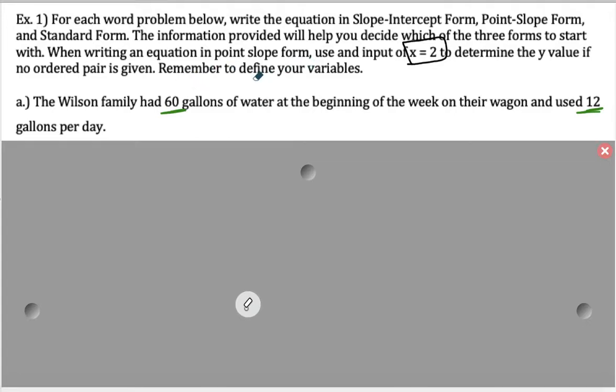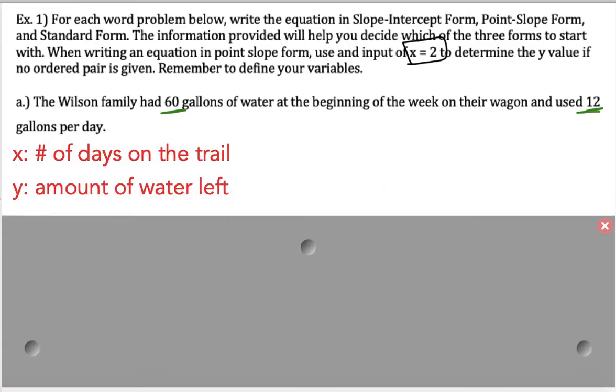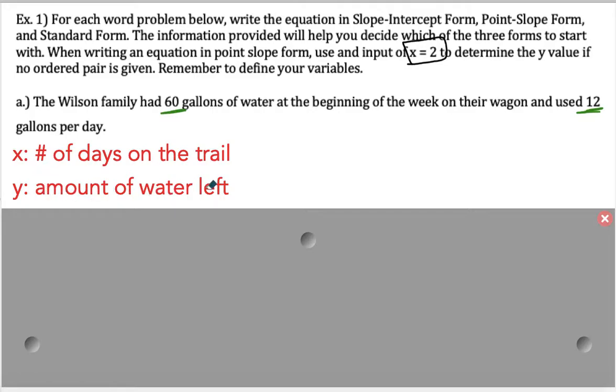But first, let's define our variables. The y value is the dependent, and x is the independent. It looks like we're looking at per day here. So x is going to be the number of days on the trail, and the y variable is going to be the amount of water left on the wagon.